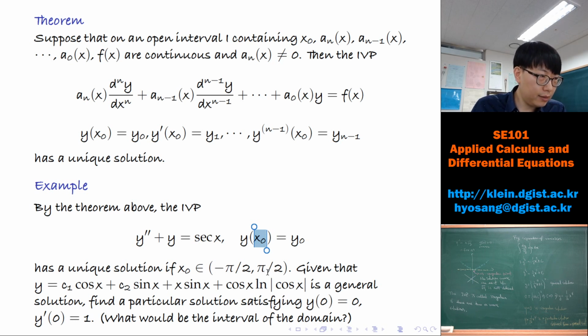Now, secant x is defined if and only if cosine x is not 0, and cosine x is 0 at minus pi over 2 and pi over 2, and also at the rest of the integer additions of these values. However, if x0 is, say, pi over 2, then this right-hand side non-homogeneous term is not defined, and it's actually not continuous. This differential equation does not have a solution. You cannot simply find a solution.